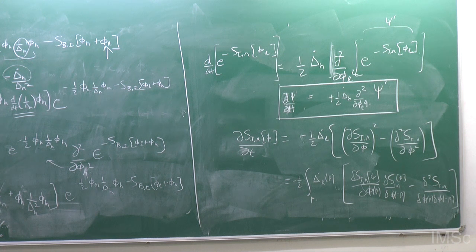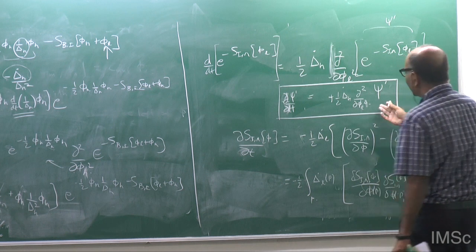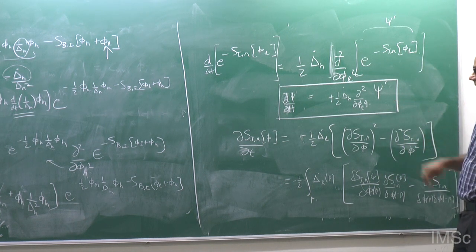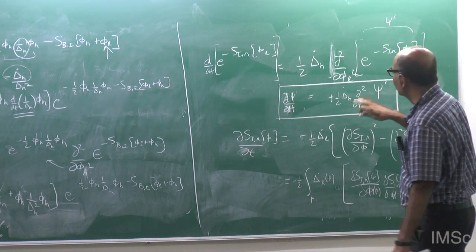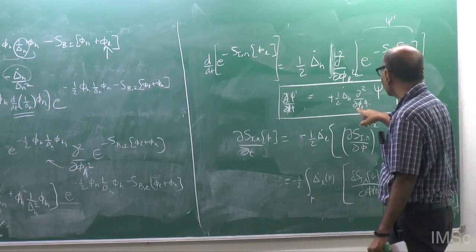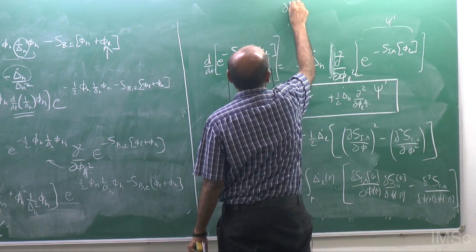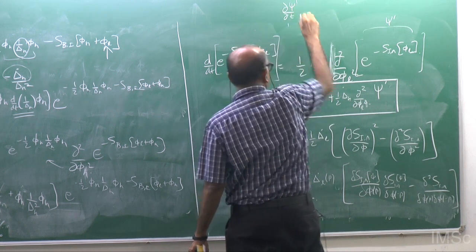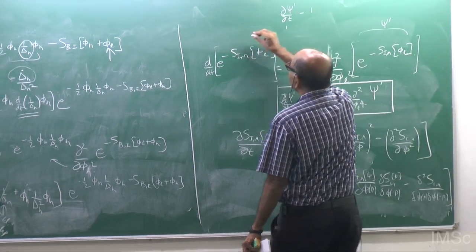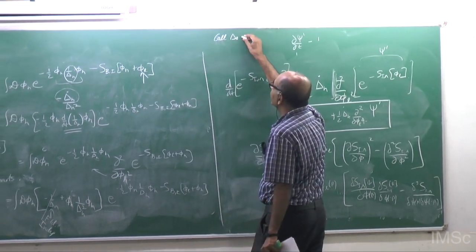Now this equation looks a lot like Schrodinger's equation, and we'll make use of that. So I'm going to use some simpler notation. I will call the phi's x as before. Then this equation indeed looks a lot like this, and I'll call this delta G. It's a low energy Green's function.